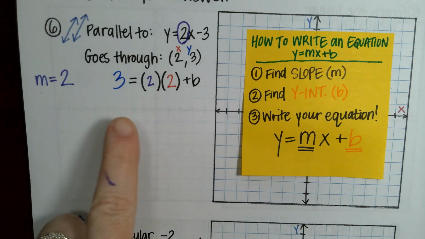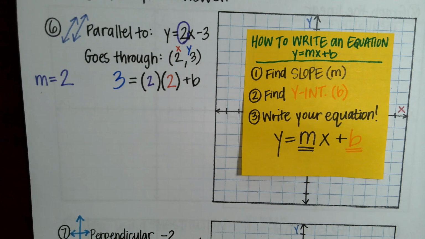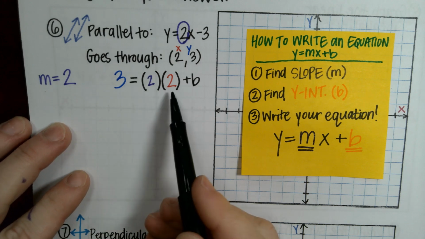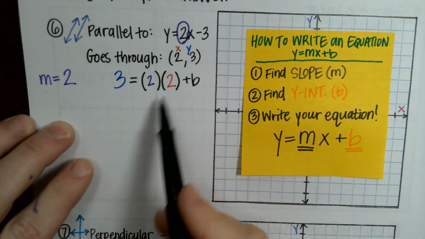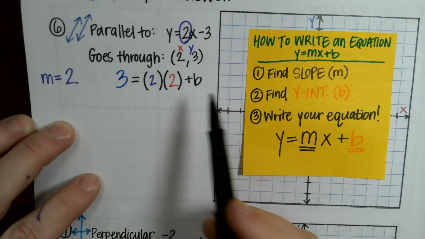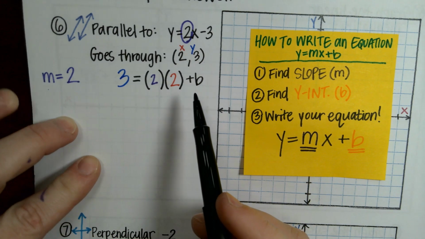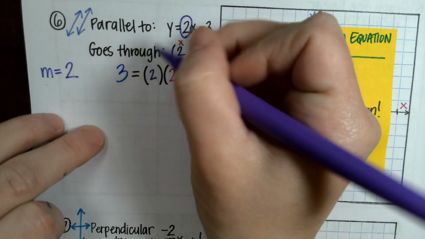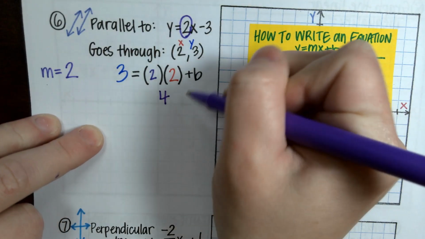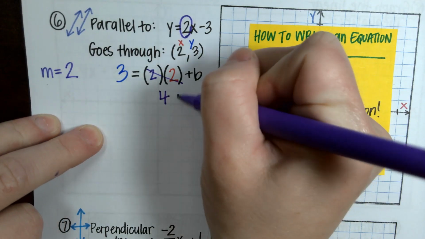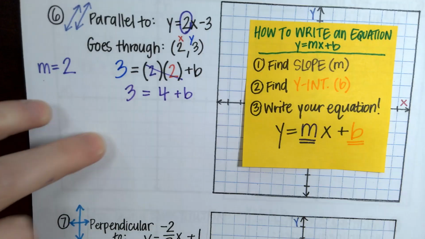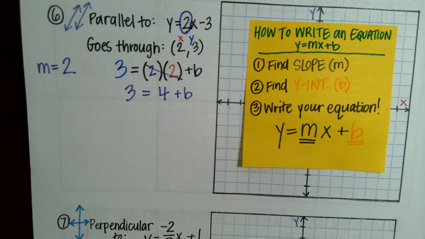So once we plug all those values into y equals mx plus b, you can see if we multiply 2 by 2 and then figure out the rest of this equation here, we're going to be able to solve for b really easily. So what is 2 times 2? 4. We want to bring everything down, so I've got 4 plus b equals 3. So 3 equals 4 plus b.